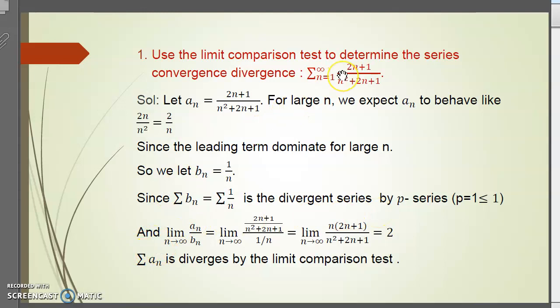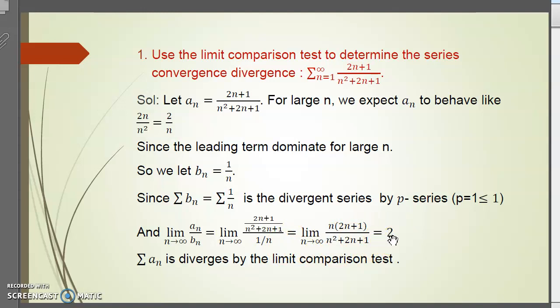Now you find the limit value. In the last test, the comparison test, if it was divergent you wrote directly divergent. But here, in limit comparison, you must find the limit. Limit as n tends to infinity of a_n by b_n. Here a_n is the given nth term, and b_n is what you are comparing with, 1 over n. From the limit, you get some finite value, 2.